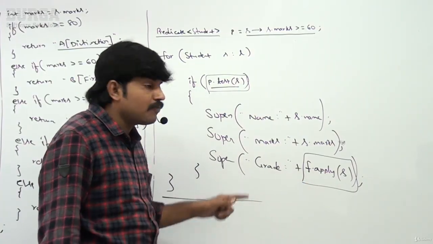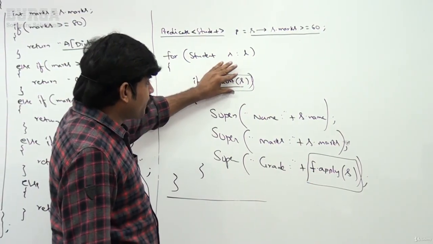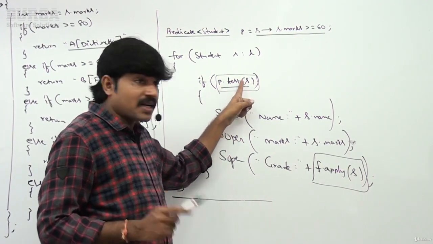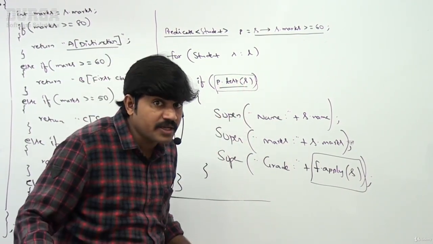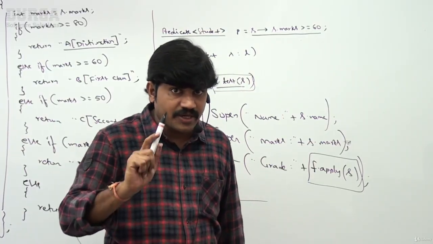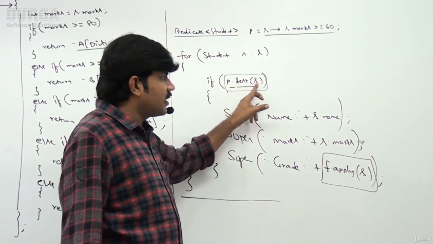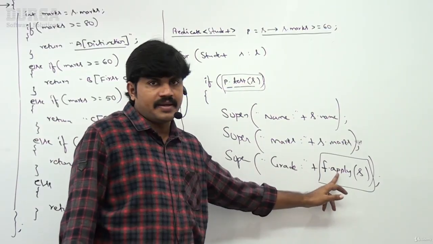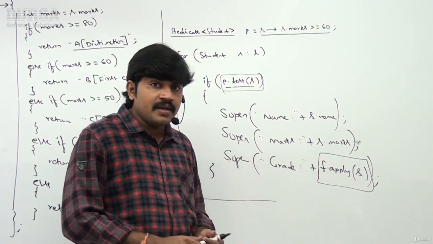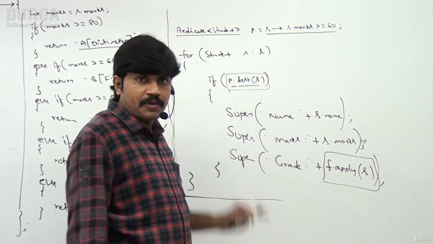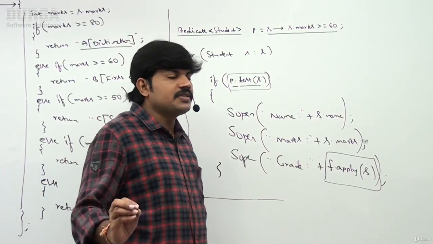So this is the best example to understand where a predicate can be used for some conditional check. Which condition am I checking here? Whether the student marks are greater than or equal to 60 or not. If the marks are greater than or equal to 60, then only find the grade. To find the grade, I write a function. To perform some conditional check, I use a predicate. Clear, right? Okay. Let me execute this code.